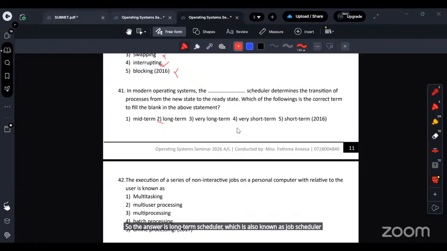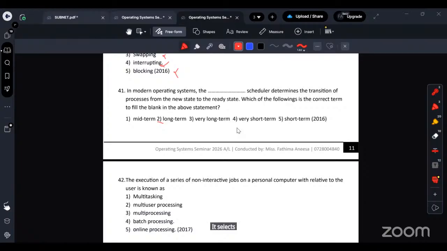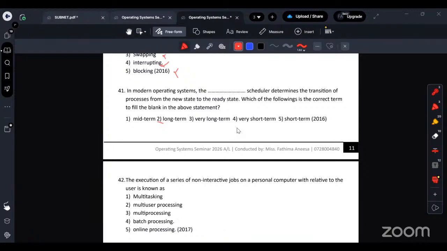Remember the other name as well. It controls the degree of multi-programming by selecting which processes from the new state are admitted into the ready queue in main memory. So this is what the long-term scheduler does. And the short-term scheduler is also known as the CPU scheduler.